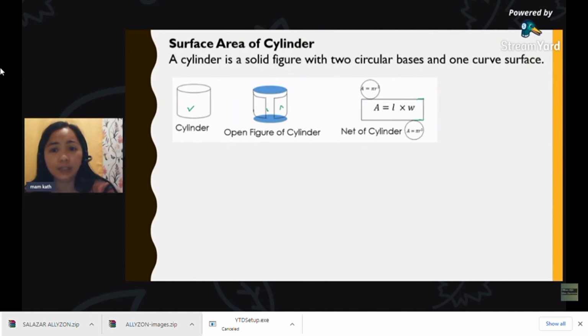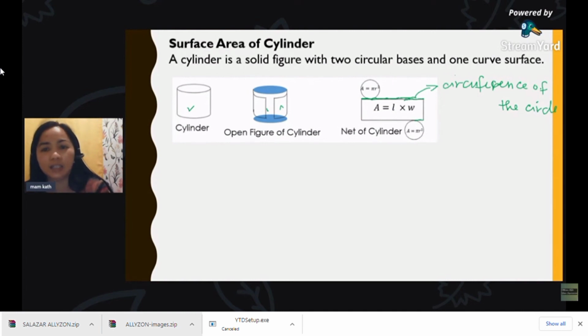Yung katawan niya, ito ay bubuo ng isang rectangle. At yung length ng rectangle, paano mo kukunin ang length ng rectangle? It represents the circumference of the circle. Ayan. Yung length ng rectangle natin, yun yung magre-represent ng circumference ng ating circle.